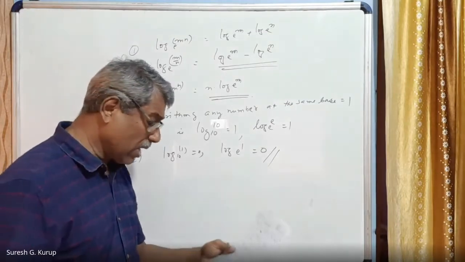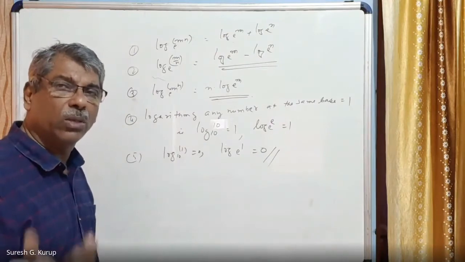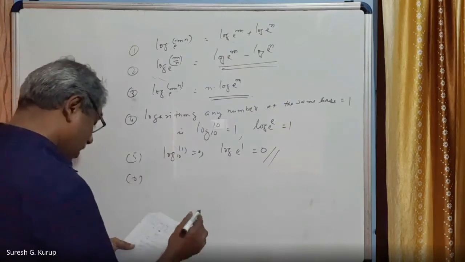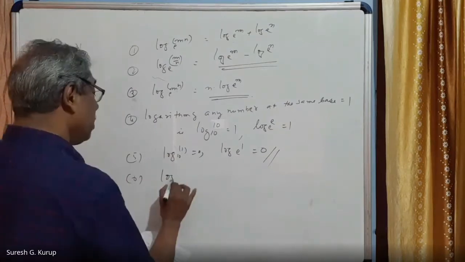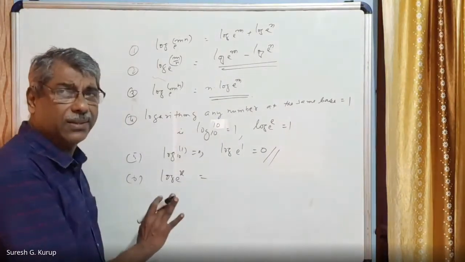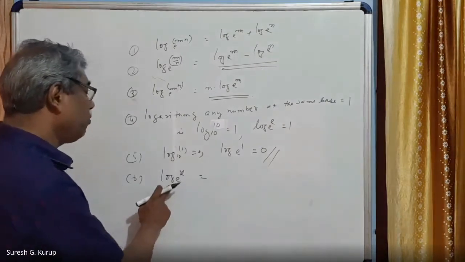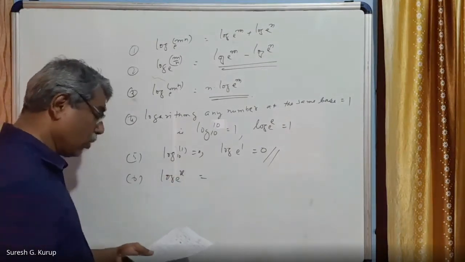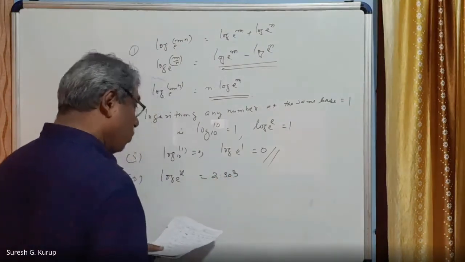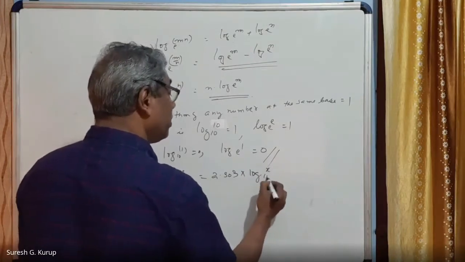Now, the last one is how you can change natural logarithm into logarithm to the base 10. Natural logarithm is to the base e only, no? That is the sixth rule: log x to the base e, that is ln x, is equal to 2.303 into log x to the base 10.